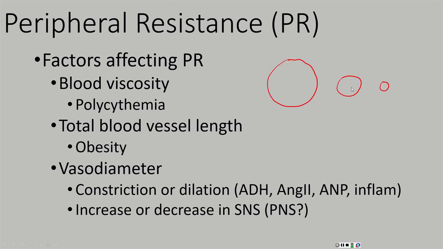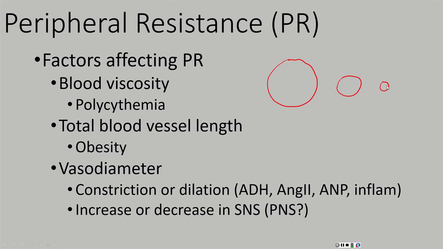Well, when we constrict, when we have a smaller vasodiameter, peripheral resistance goes up. When we dilate and we have a larger vasodiameter, peripheral resistance goes down. Let's think of why this is. Let's say you and a group of 10 friends are walking down a hallway, and suddenly that hallway gets about 1/4 as wide.